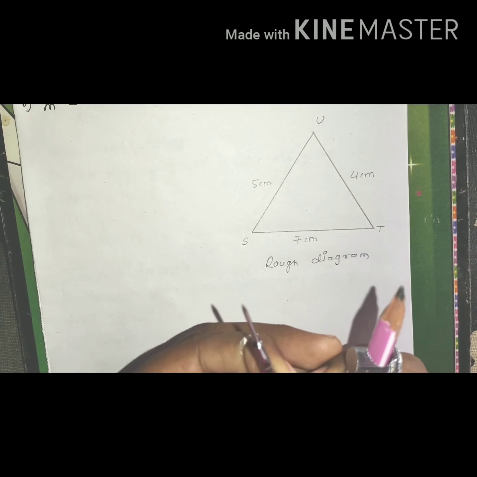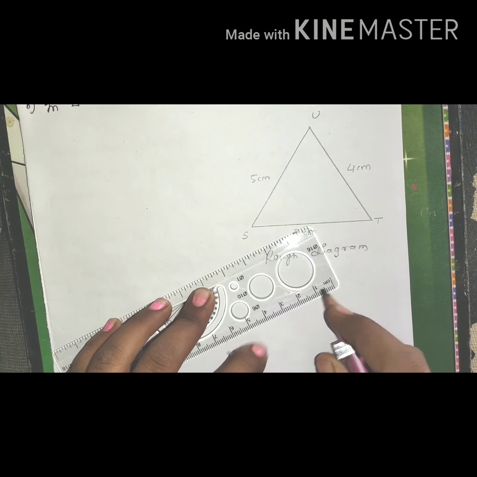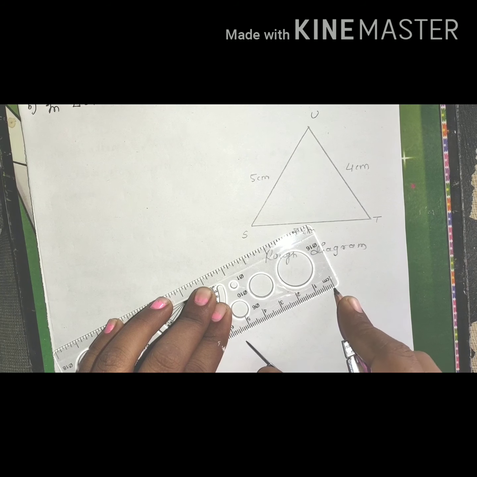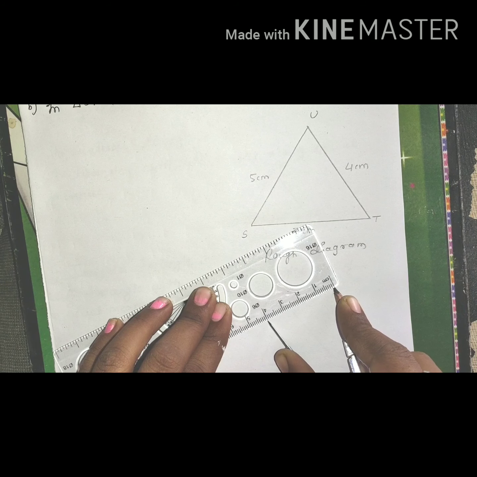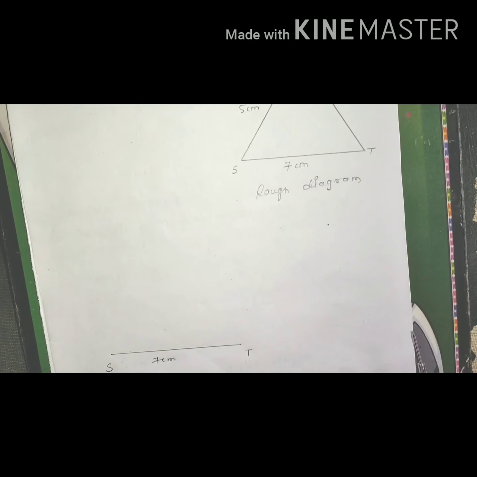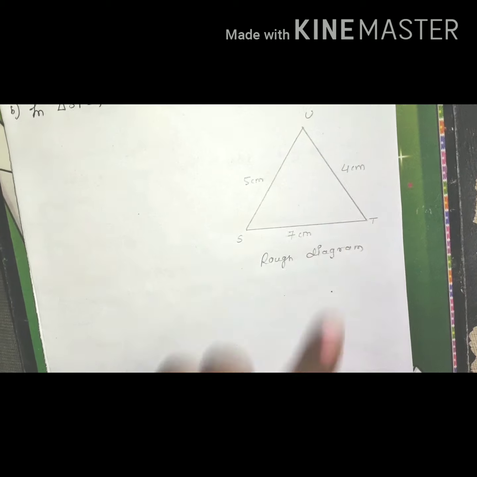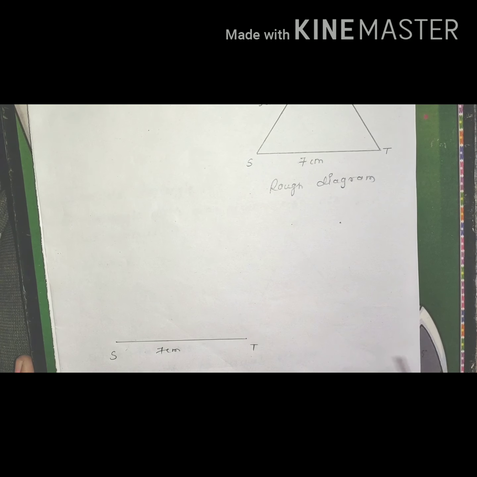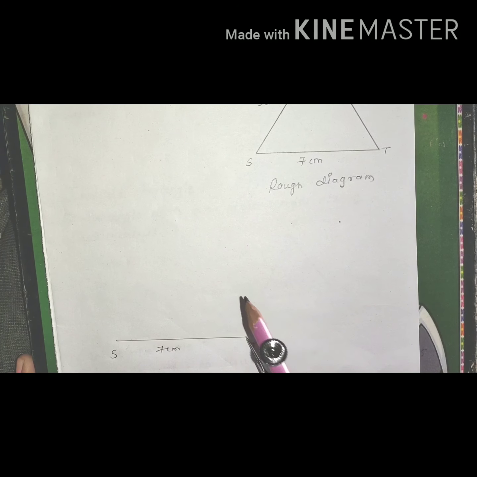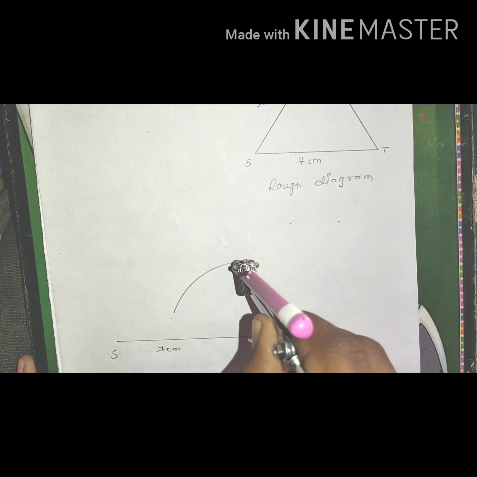So in a compass, take a distance of 4 centimeter. Now keep the compass at the point T, because segment UT is 4 centimeter, and make an arc. That is the arc.